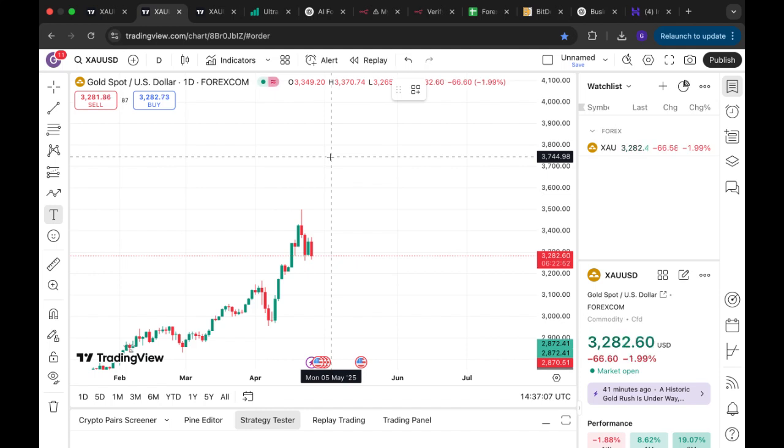So quickly, there are 4 things I look out for on XAUUSD. Before I place a trade on XAUUSD, also known as gold, there are 4 major things I look out for.